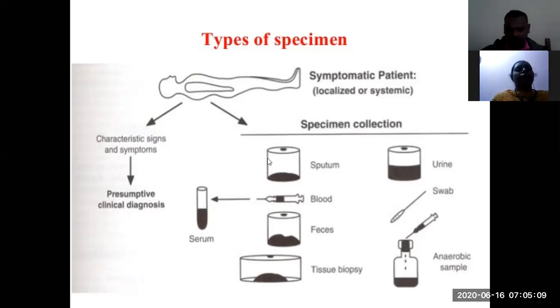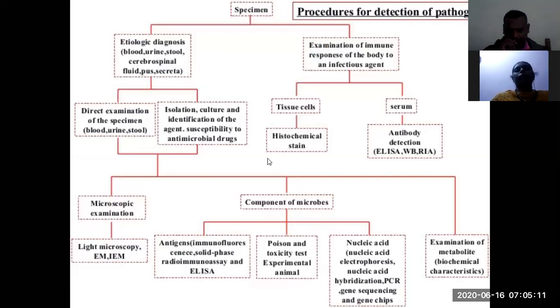Next, this is the procedure for detection of pathogens. First, we have seen the types of specimens collected. What is the procedure for detection of these pathogens?